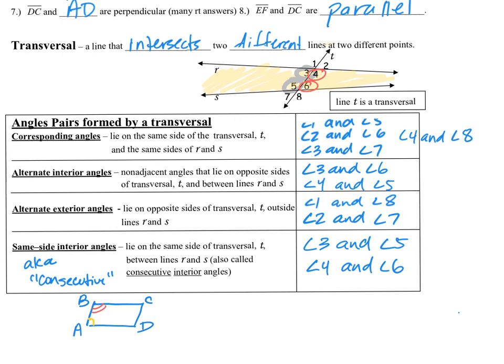You can think of this side of the parallelogram as a transversal. They're lying on the same side of the transversal on the interior of these two lines, so they're same side interior. In terms of the parallelogram, we would call them consecutive, which means right next to each other or right in a row. So A and B would be a pair of consecutive interior angles.